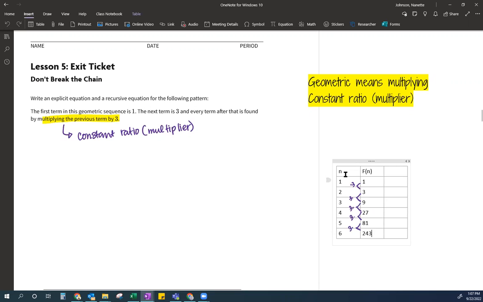So remember, I told you your first level of understanding is, oh man, Miss Johnson, geometric means I'm going to be multiplying over and over and over. You're right. Your second level of understanding is going to be breaking this down into those multiplication pieces. So here, the way we got 3 was we did 1 times 3.